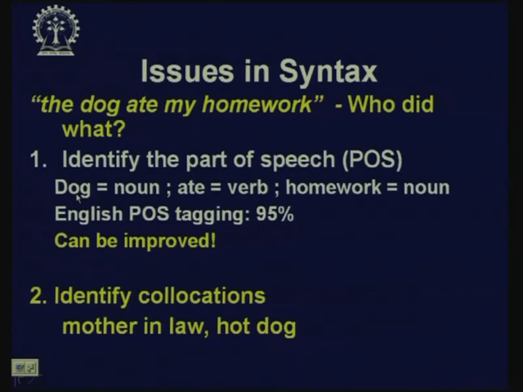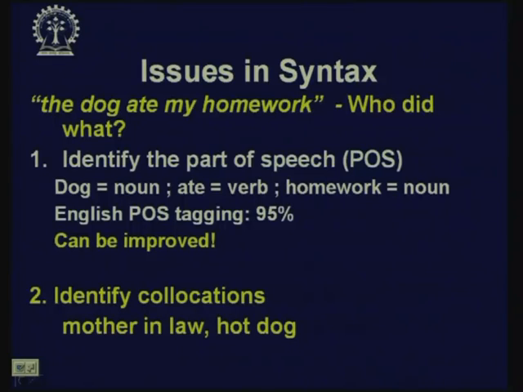Now, if I could write a program that would accept a sentence and be able to label each component of the sentence with the proper part of speech, then that program will be called a part of speech tagger, POS tagger, part of speech tagging.